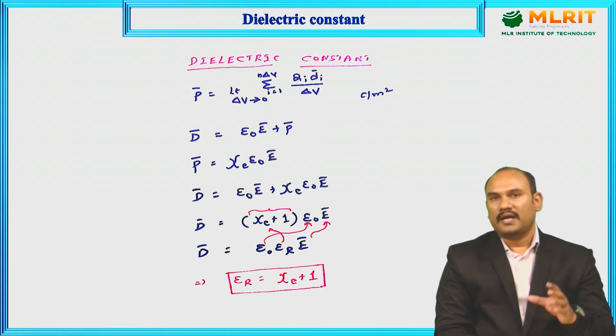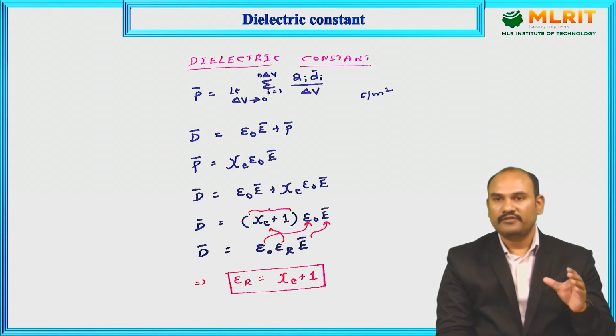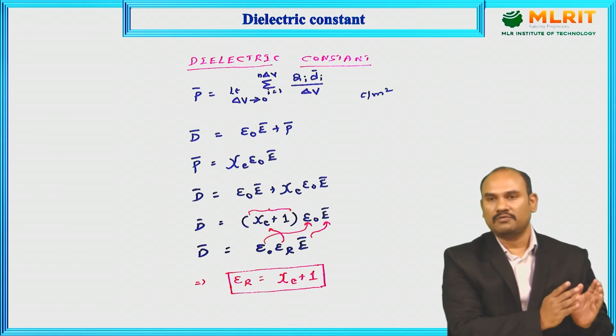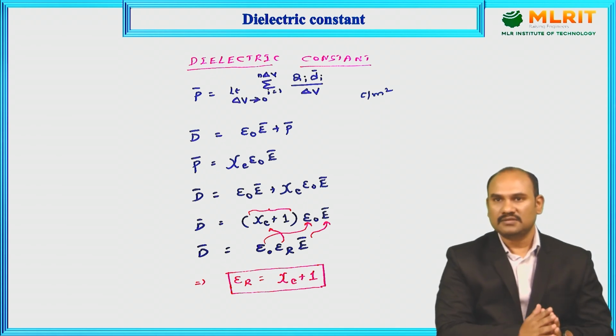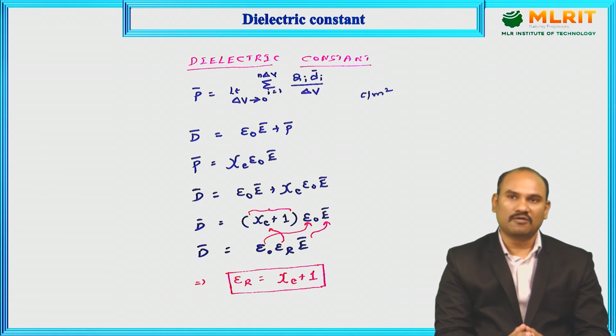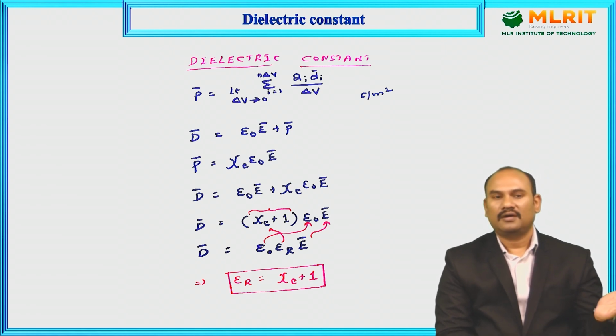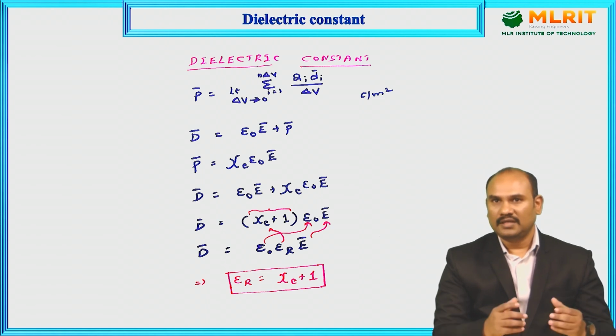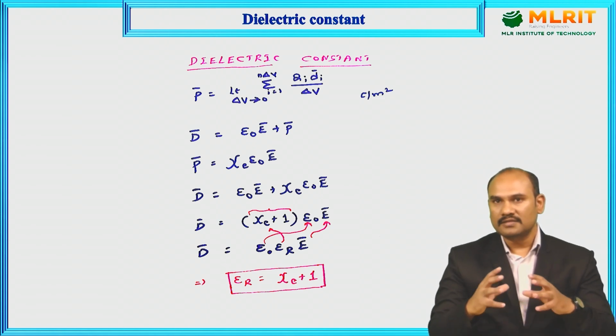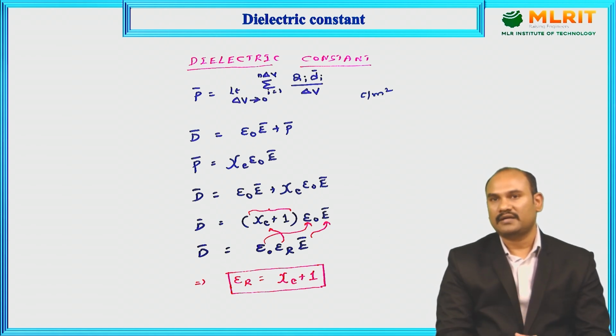Now, dielectric constant is a property associated with a dielectric material. So far we have discussed what is the dielectric material. Now let us understand the property. Dielectric constant is a property of a dielectric material. Like what is the property of an electric conductor? Conductivity. Like that, dielectric material also has a certain property, and that is called dielectric constant.